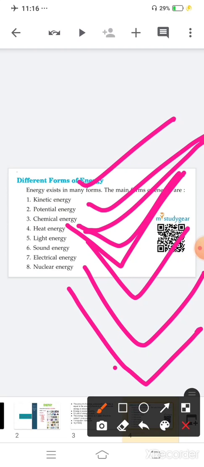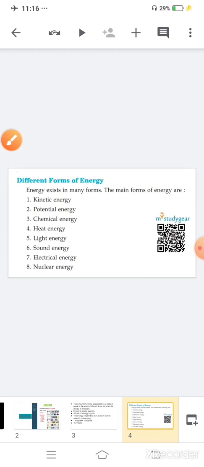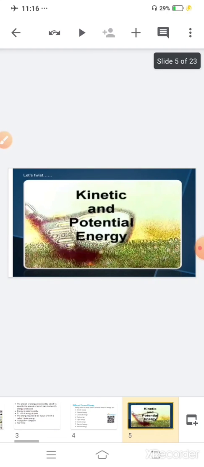So in 8 forms the energy exists. In your syllabus, basically 2 types of energies are there: kinetic and potential. So we will go deeply about these 2 energies.